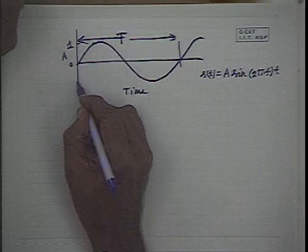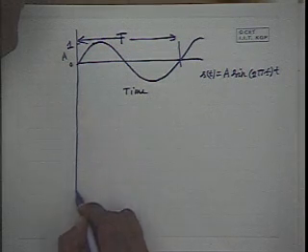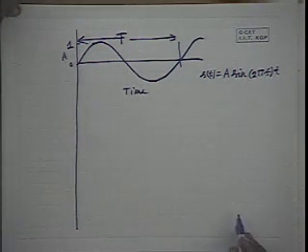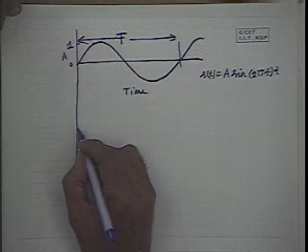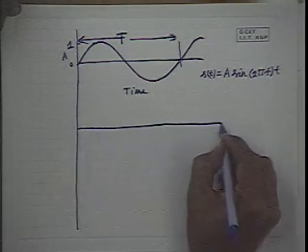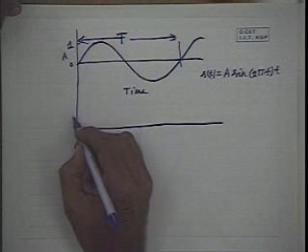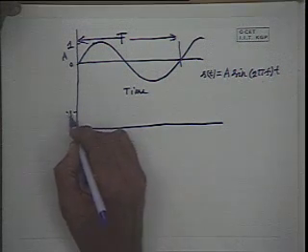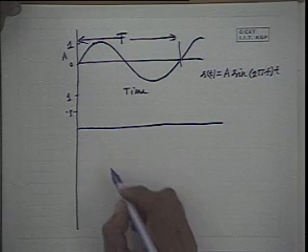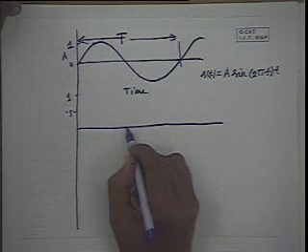Let us vary these three parameters of the signal. Suppose we vary the amplitude first. So this is 0.5 volt and this is 1 volt, and period we are keeping same.